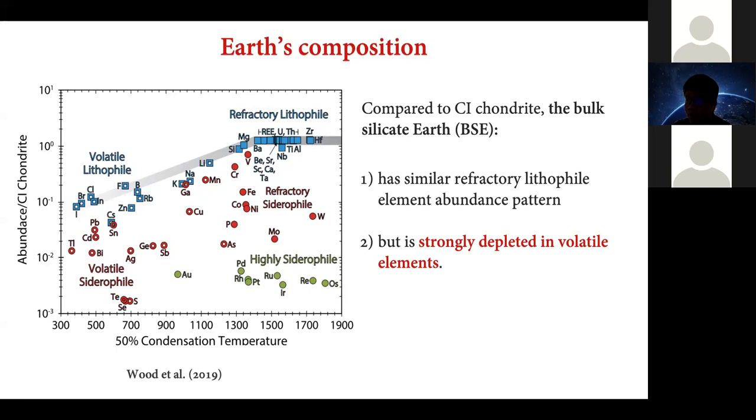Another point that is very interesting is that the depletion of some chalcophile volatile elements, for example, sulfur and selenium here, which are iron-loving elements, is much stronger than the depletion of lithophile volatile elements. The CI chondrite may not be the best choice for Earth's building materials.